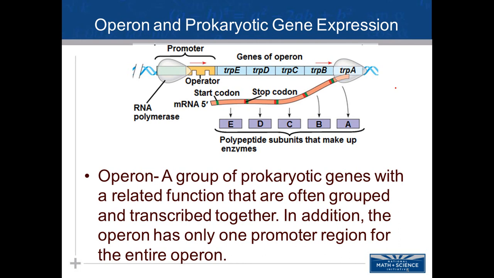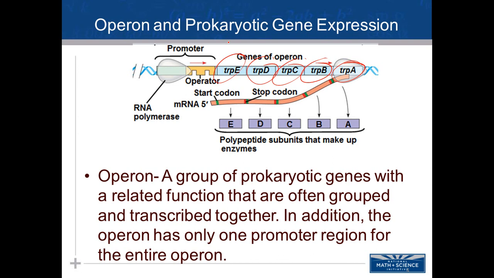What is pretty unique and cool about prokaryotes is that those 5 genes that are needed to make the 5 enzymes are physically right next to each other. This is not unusual in prokaryotes, and when you have a group of genes sitting side by side that function in the same biochemical pathway, that group of genes, they're called an operon.